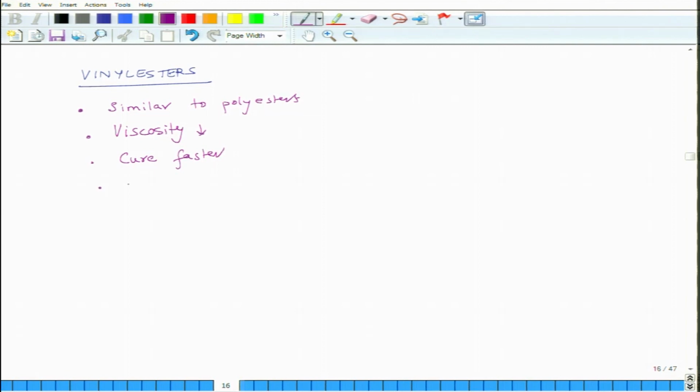Better mechanical properties. One thing we had mentioned was that polyesters are susceptible to ultraviolet radiation. So, vinyl esters are less sensitive to UV, with better chemical performance.